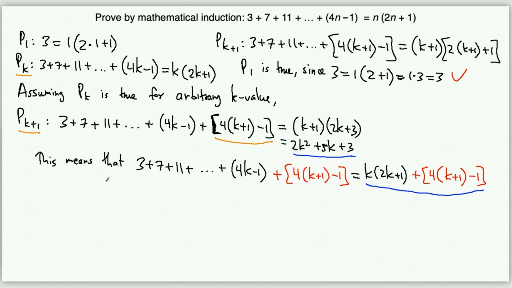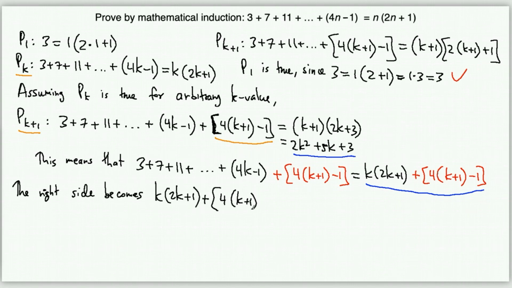So let's transform that. The right side becomes, let's see, I'm just going to copy that right side down, plus 4 times k plus 1 minus 1. Let's see what that equals to.